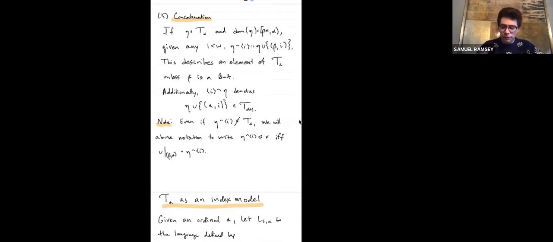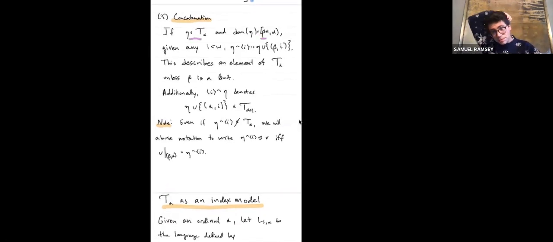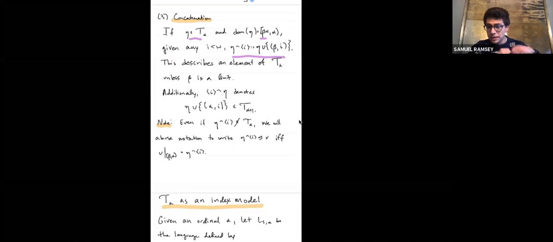Well, suppose that I have some node eta in T alpha, which starts at a successor ordinal. So it starts at beta plus 1. Then I'm just going to define eta concatenated with I by extending it, defining the value at beta to be I. So eta concatenated with I now has the domain beta to alpha.